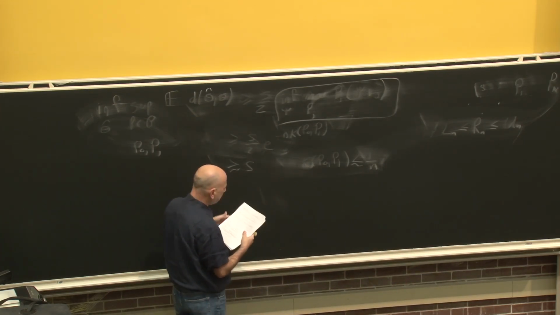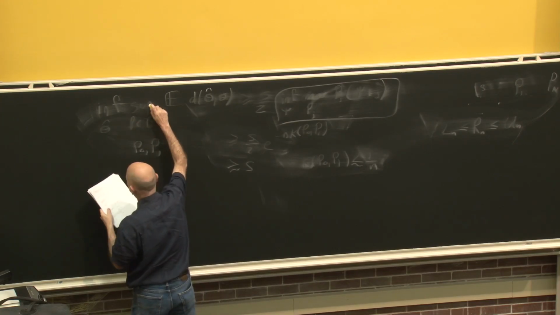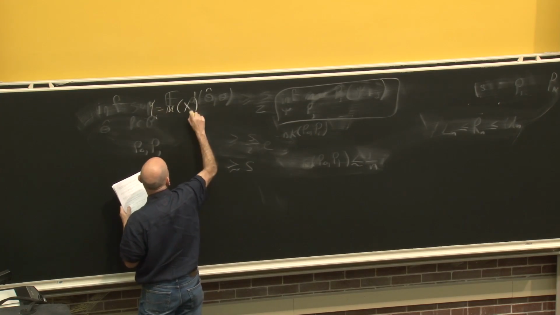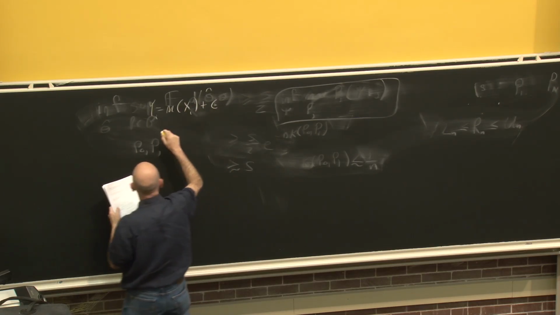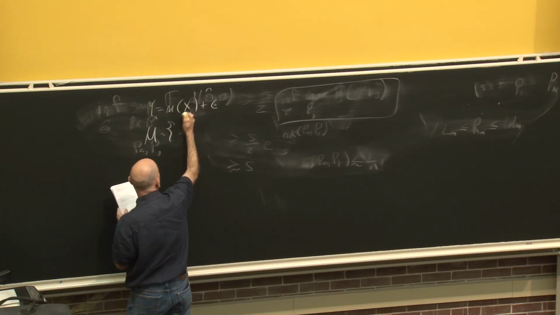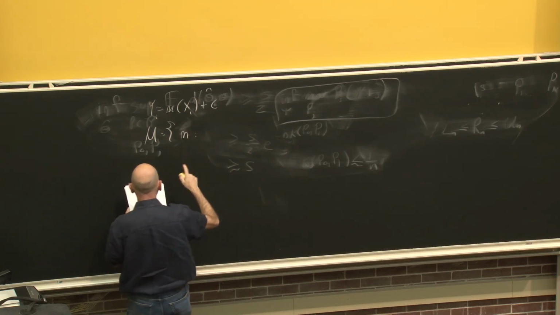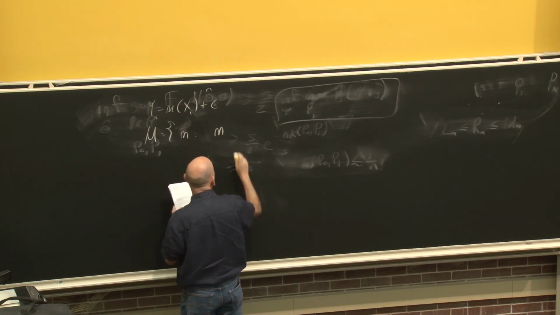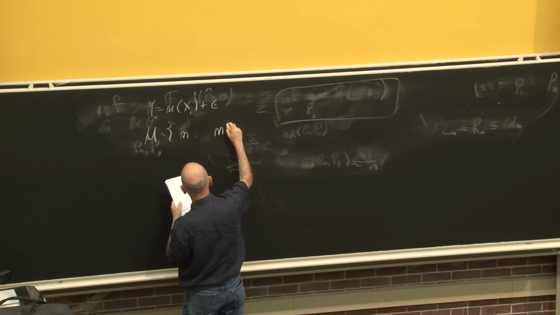I wrote it down somewhat generally. We'll take y equals m of x plus epsilon. We're going to take M to be the set of all functions m. I'm going to write out a little bit more specifically here on the board.